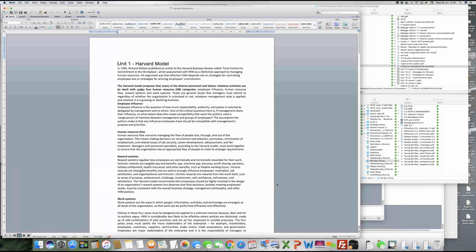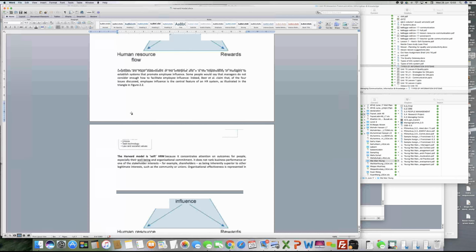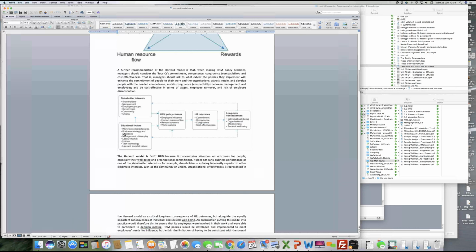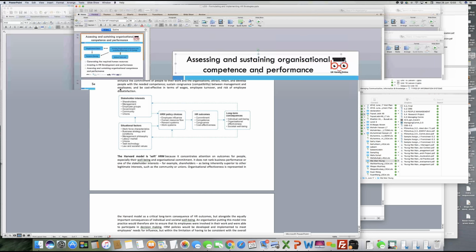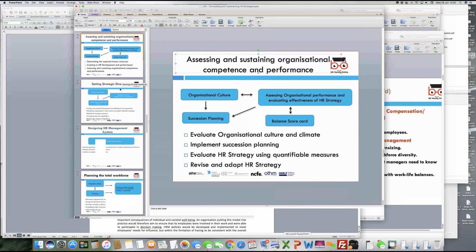With the Harvard model, they look at the stakeholders, the external environment, the choices, then assess these outcomes or choices, and then look at the long-term consequences of implementing this strategy. And that is what we have looked at in the earlier direction. Okay. Is that okay?